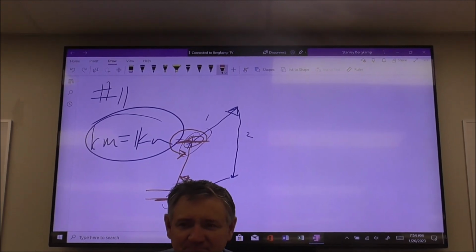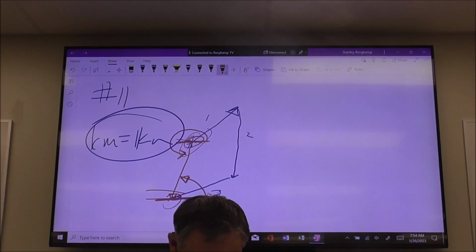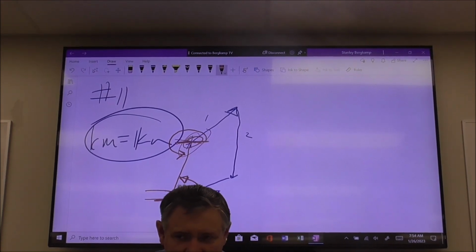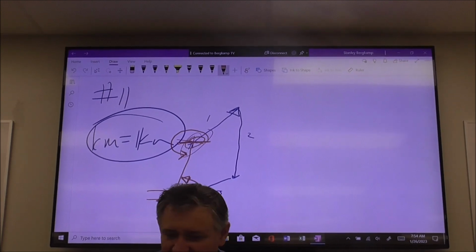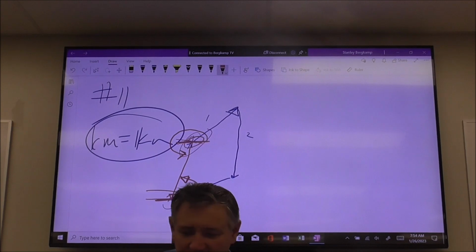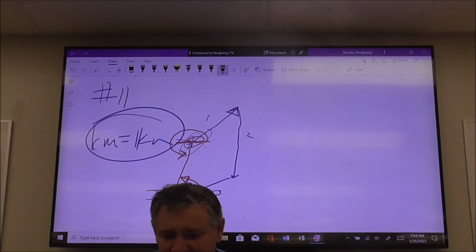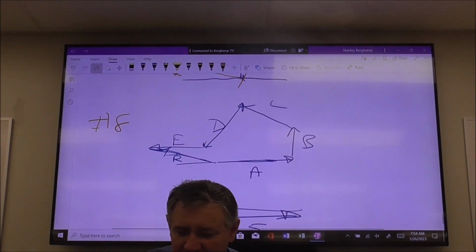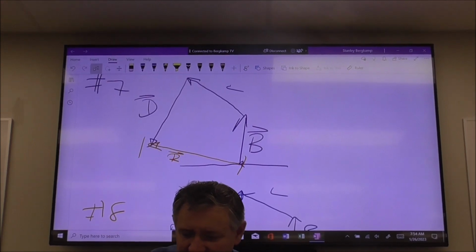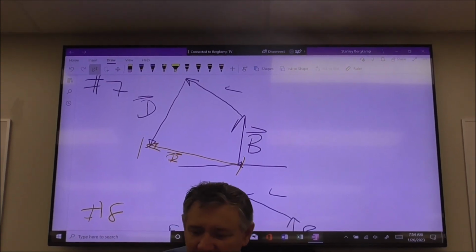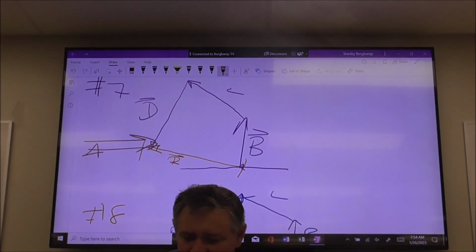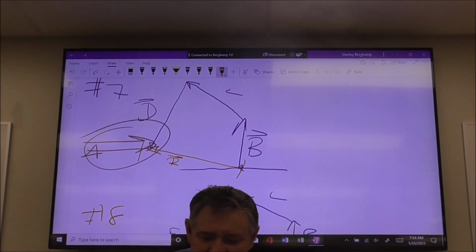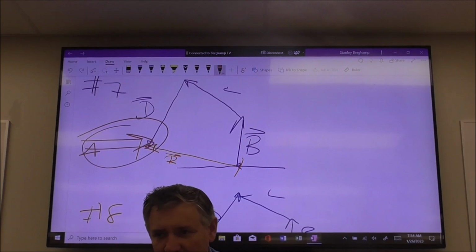Yes, ma'am. For number 10, would it be like yes or no? Because my answers are different, but they're similar. No, there's no difference. There might be a tiny bit of difference just because of how you measured it. Here's the reason why. If you look at B, C, and D, if you added vector A to the end of that and vector E back this way, all that's going to do is cancel each other out.